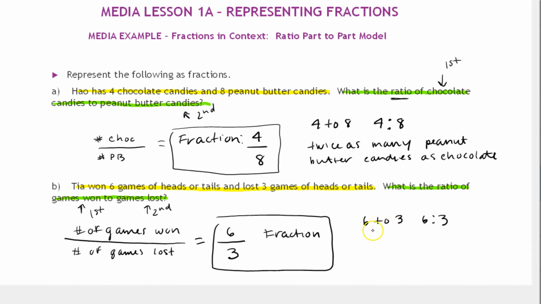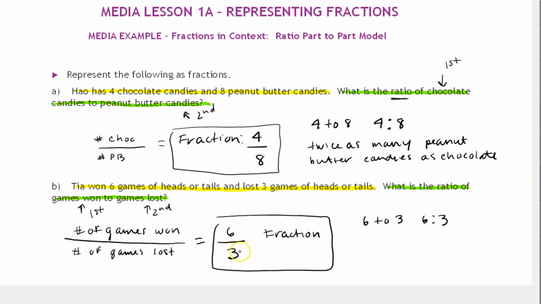Okay? And notice how the ordering matters. Okay, so here, the second number, the peanut butter, was 2 times the chocolate. Here the first number is 2 times the second number. Okay? So if we had asked the ratio of games lost to games won, we could reverse this order, but you still need to know what each of the numbers are referring to.